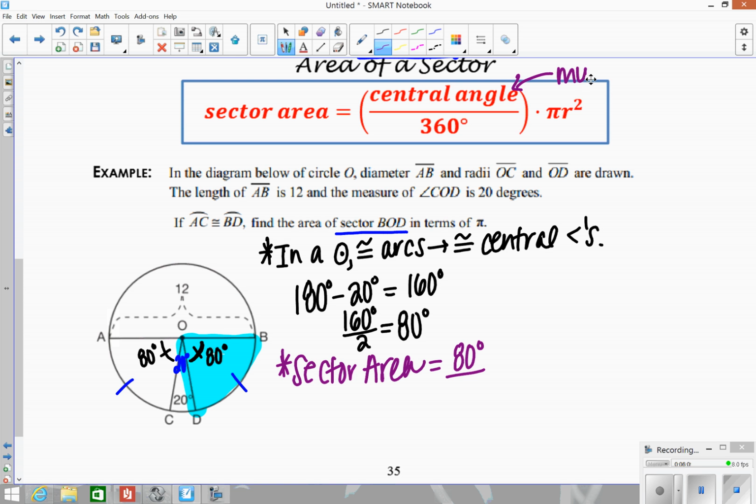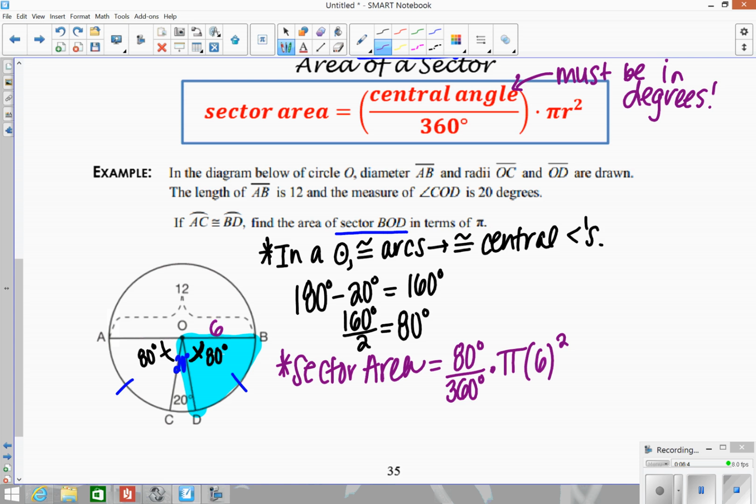It must be in degrees, and that's because you're dividing by 360 degrees. So 80 degrees out of the 360 is what you're dealing with for the sector, times pi. For the radius, if the whole thing is 12, the diameter, then the radius is going to be 6. So it's going to be 6 squared.